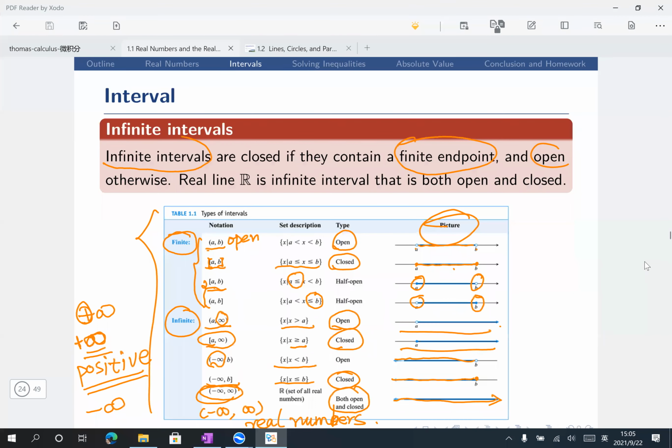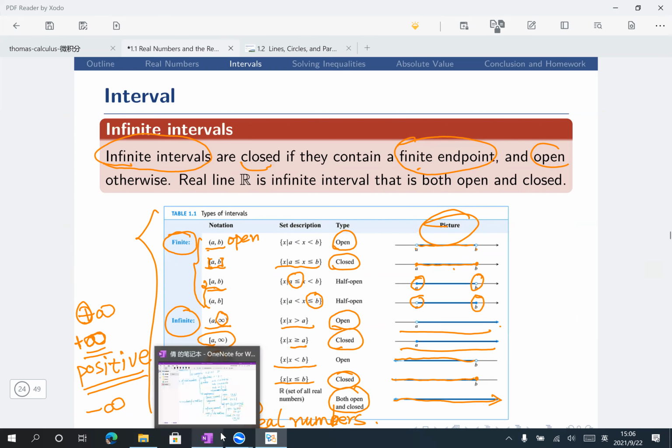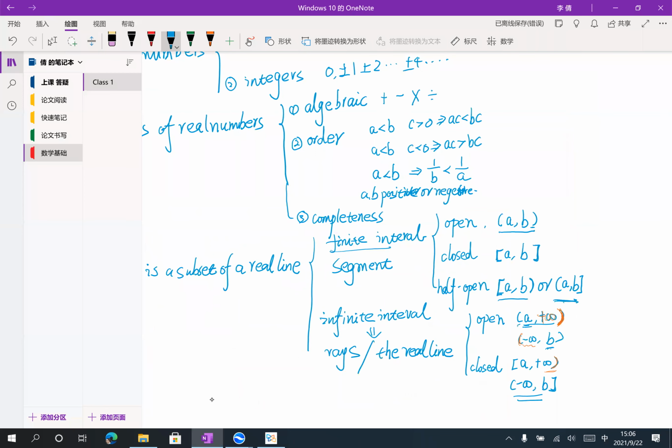An infinite interval is closed if it contains a finite endpoint. Like this: this interval is an infinite interval, and in this interval, A is a finite endpoint. This positive infinity is not a finite endpoint.